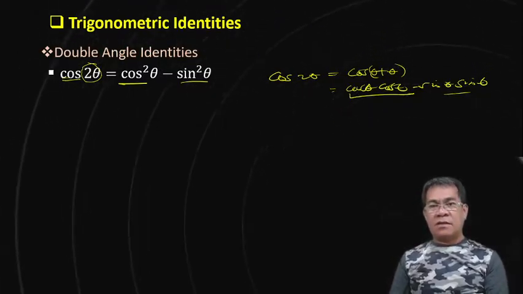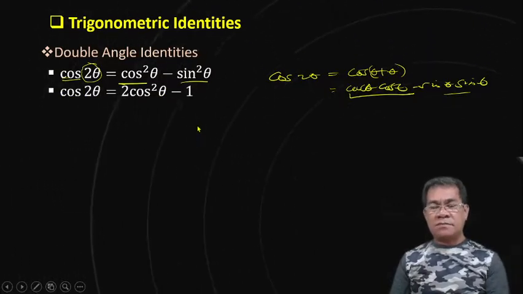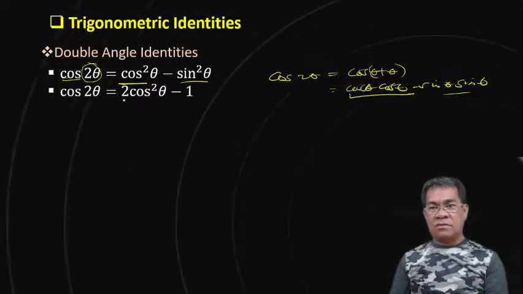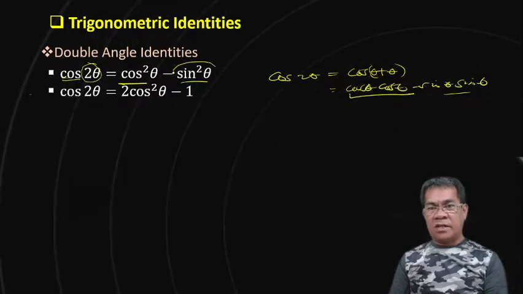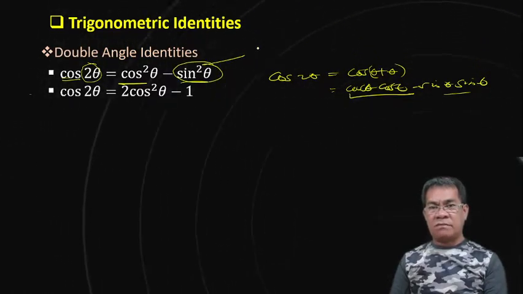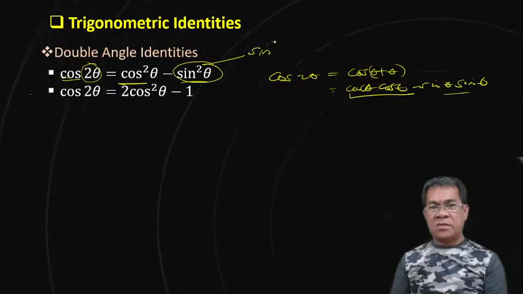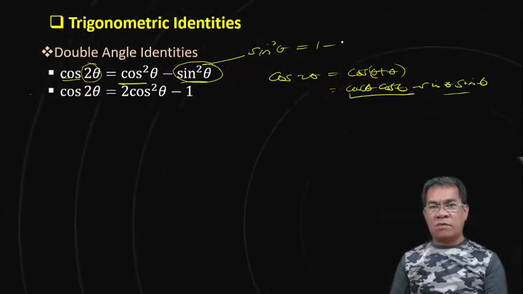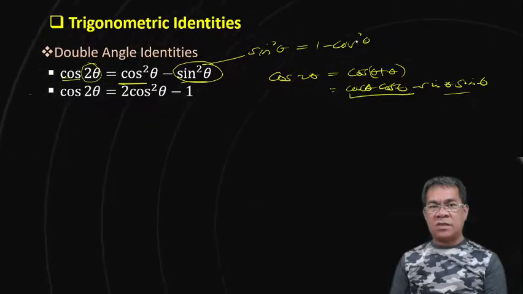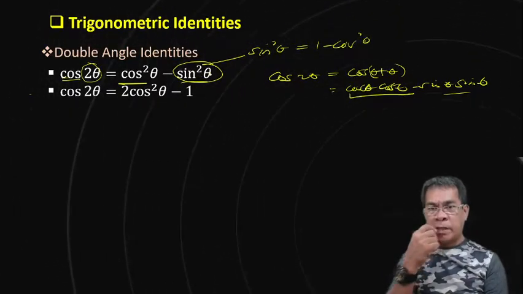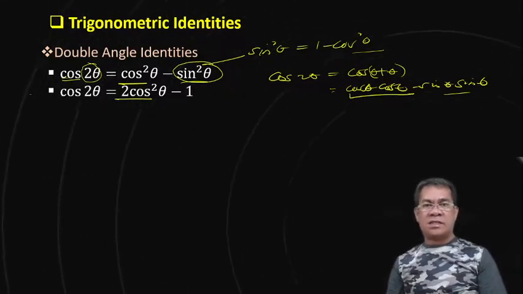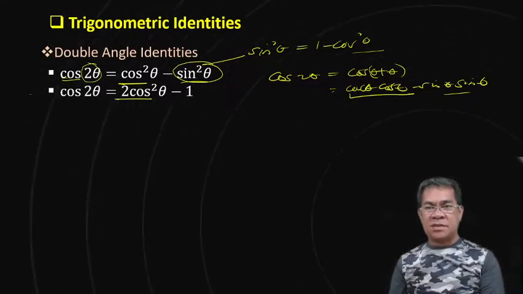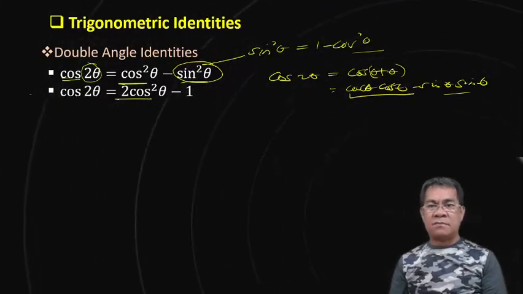Okay, now another double angle is this one. How do you obtain this one? You can obtain this one by replacing this using the Pythagorean identity: the sine square theta, take note, is 1 minus cosine square theta. If you replace this with this value, then this will be the result. Because this is cosine and this involves cosine, this will become twice the cosine square, and it's minus 1.